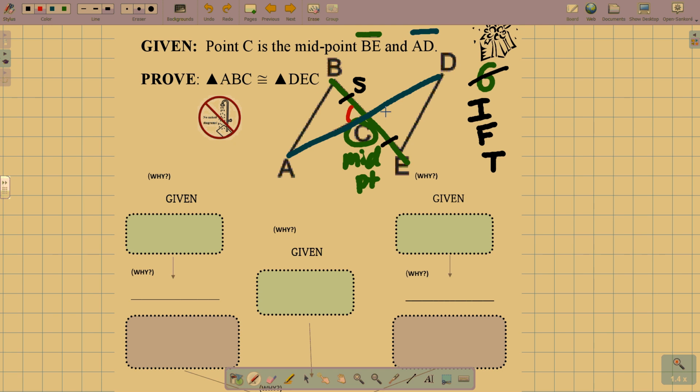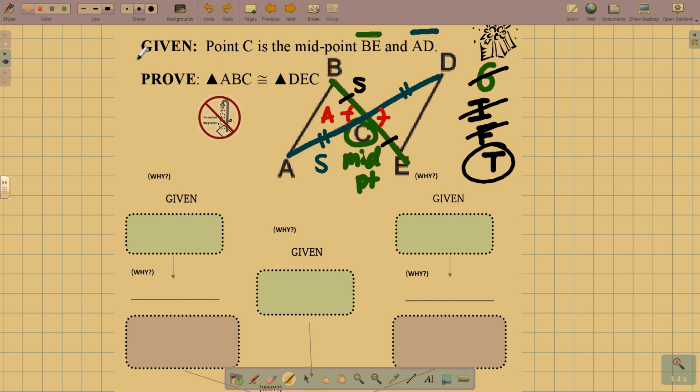I also know that I have freebie vertical angles. And then C is the midpoint of AD, so that means A to C and C to D have to be congruent. That's another pair of sides. No naked diagrams, implied and freebie. Talk through. So you're going to talk yourself through it.